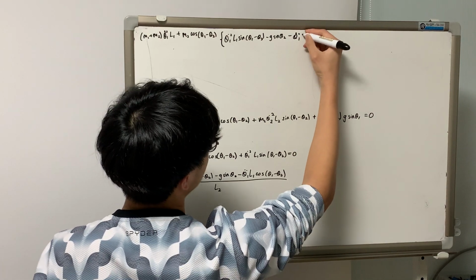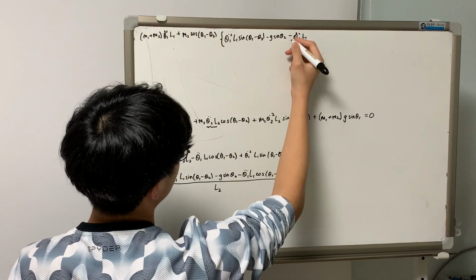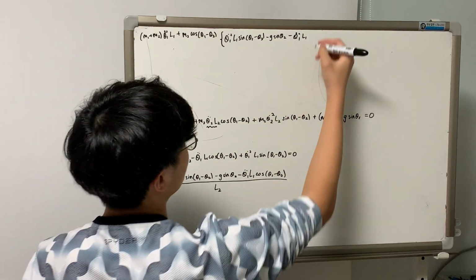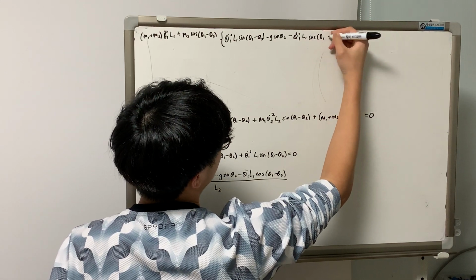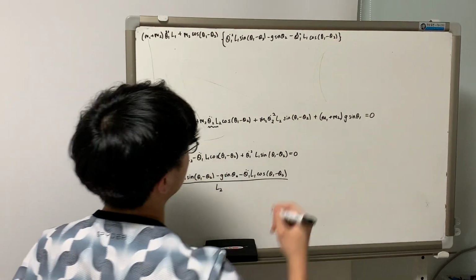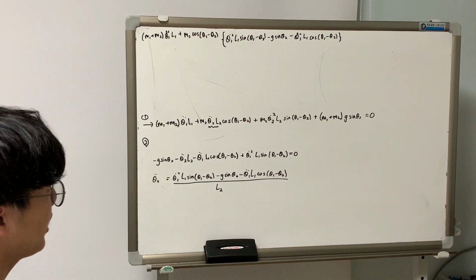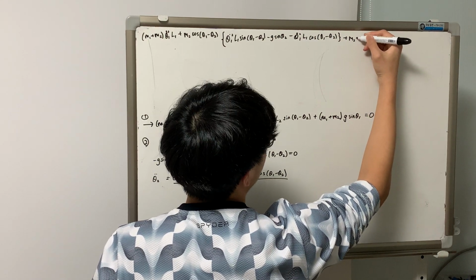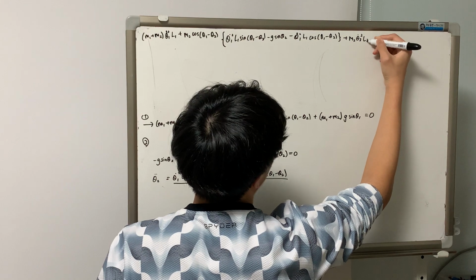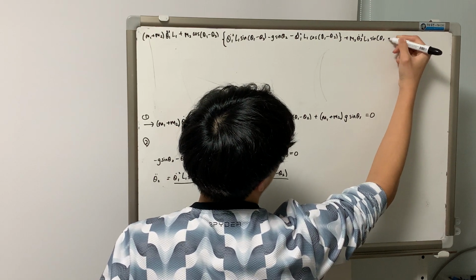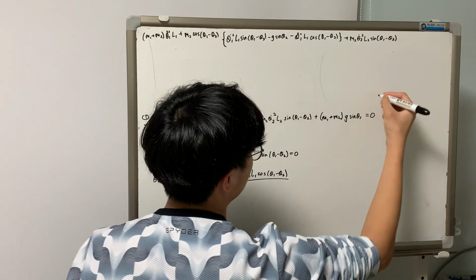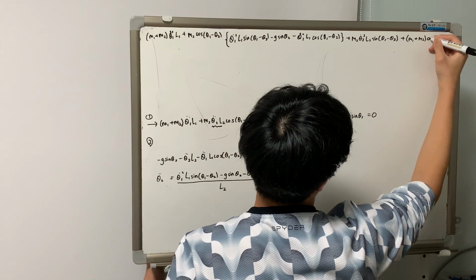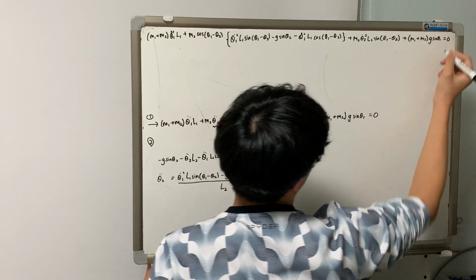We have our theta 1 dot dot, so we have two terms that have theta 1 dot dot in them, and we get minus theta 1 dot dot L1 cosine of theta 1 minus theta 2, bracket closed. And then we have this here, plus M1 plus M2 times g sine theta 1 is equal to 0.